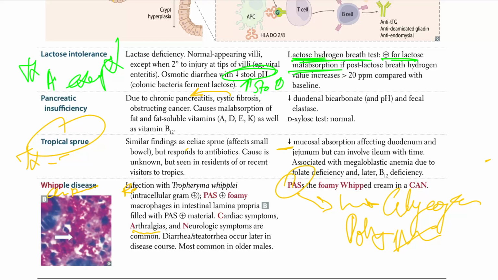So the whole thing is T. whipplei is taken up by the macrophages, right? Normally macrophages destroy them by phagocytosis. Now T. whipplei is a really smart guy. It interferes with its phagosomes, so it doesn't get destroyed within the macrophages. So it replicates.